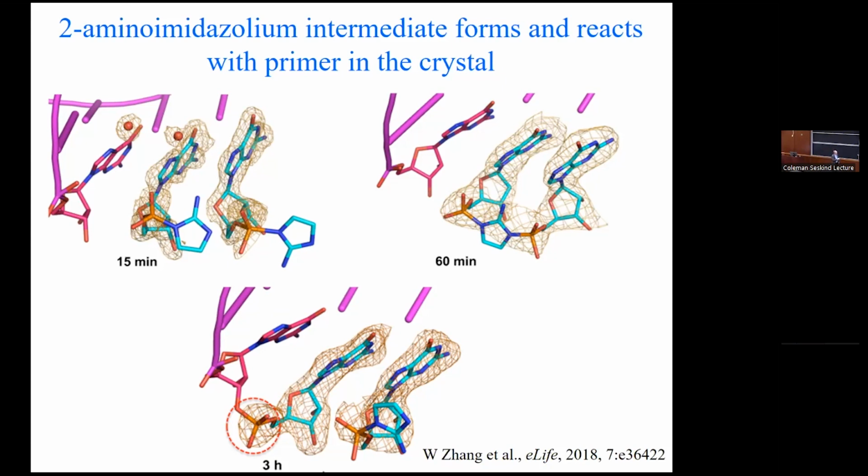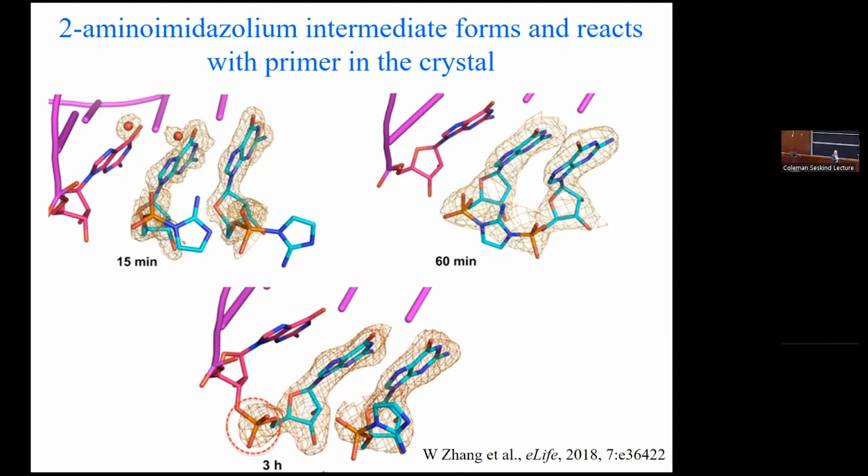But in this particular type of experiment with these activated monomers bound, if you just wait, after about an hour, you can see there's new electron density between the 2 phosphates, right? So this is that bridged structure that I showed the chemical structure of earlier. So it's formed in the crystal.